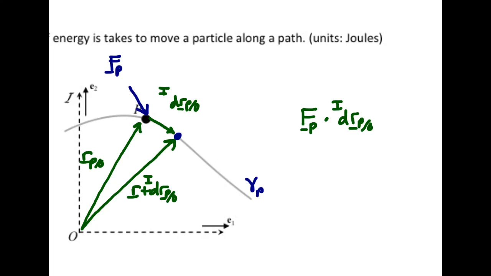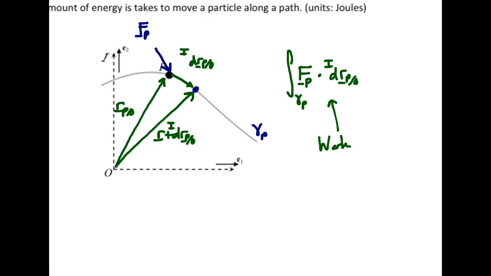And so now we have a relationship that we can integrate, and when we integrate this along the path, this is a path integral, we get the work that's being done by the force as applied to particle P to move it along that path.